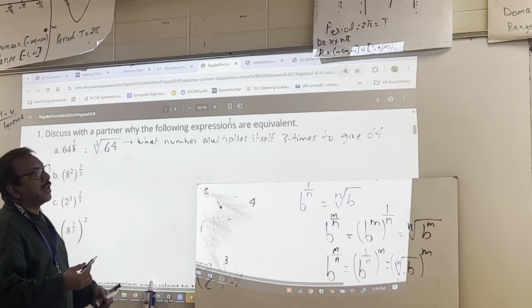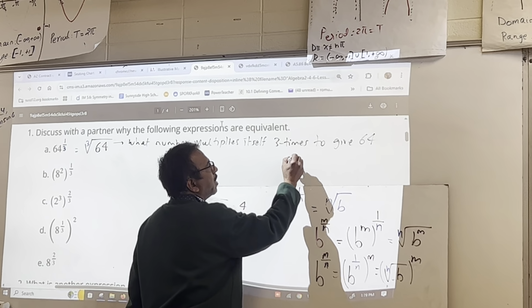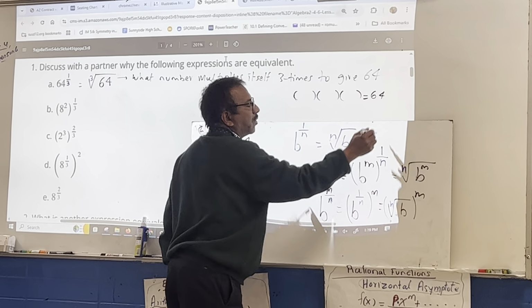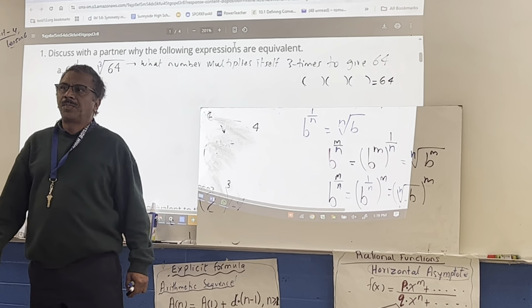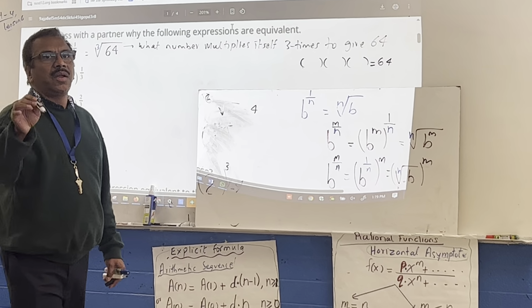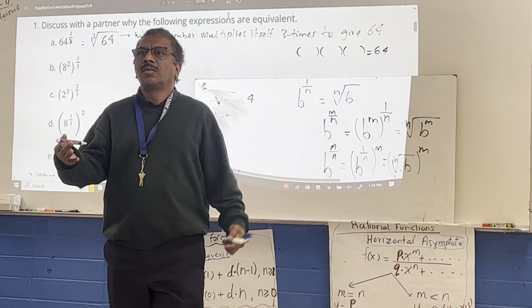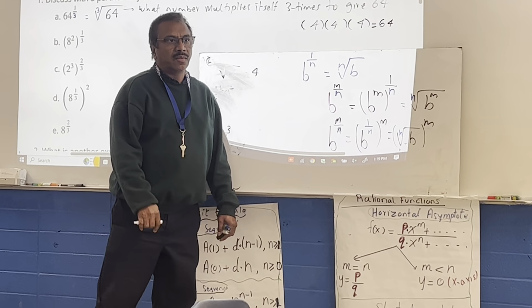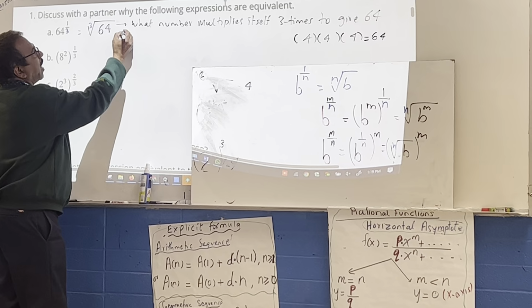In other words, you are thinking, what number do I put in these 3 parentheses to get to 64? Is it 1, 1, 1? Or is it 2, 2, 2? Or is it 3, 3, 3? Or is it 4, 4, 4? It's quite obvious, so it has to be 4, correct? Make sense?